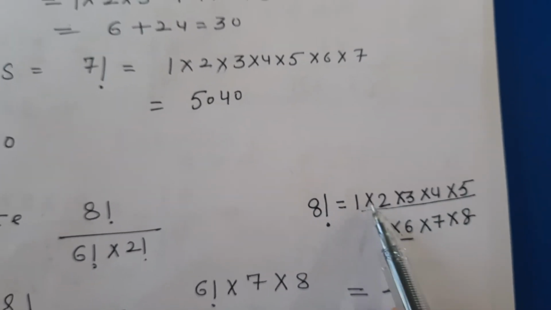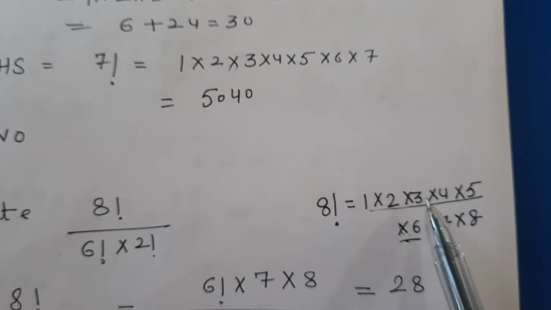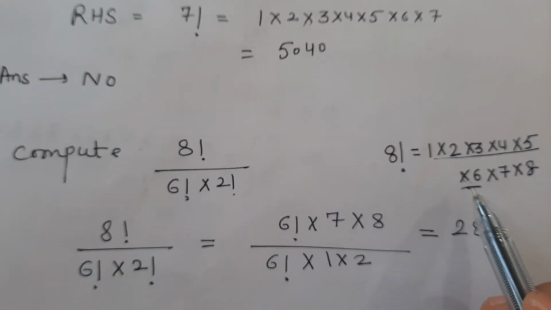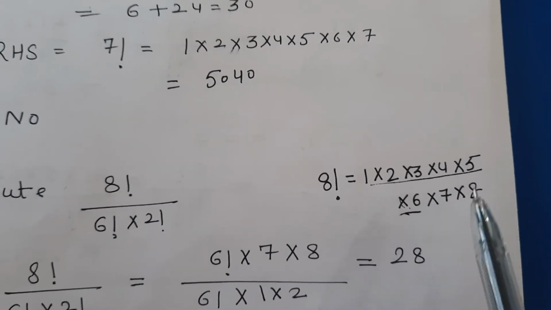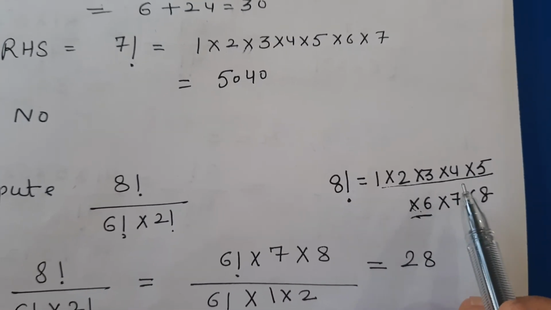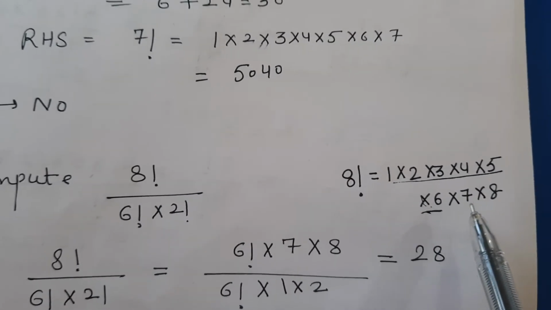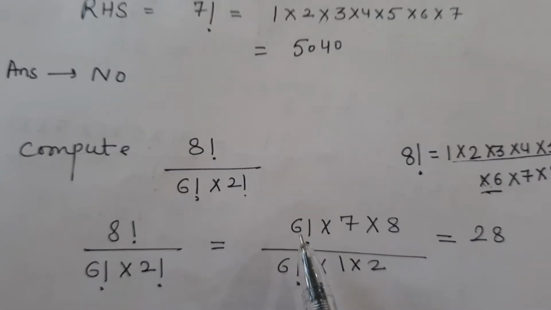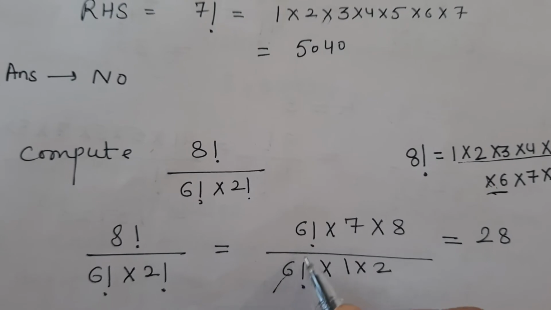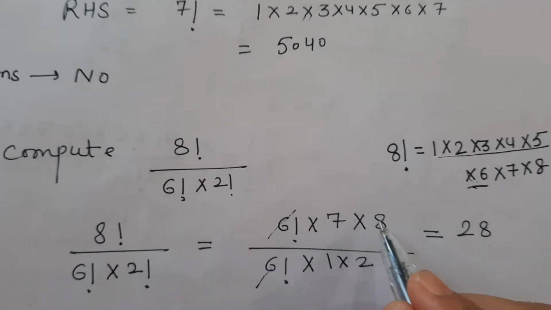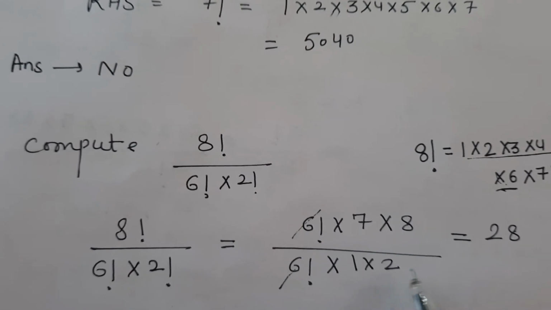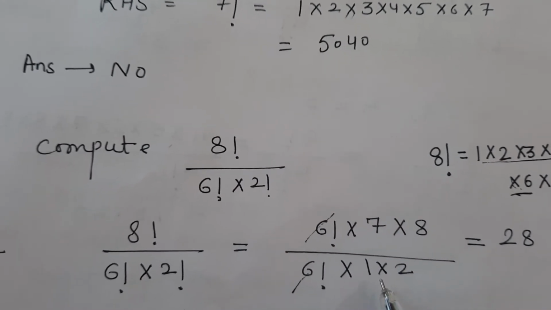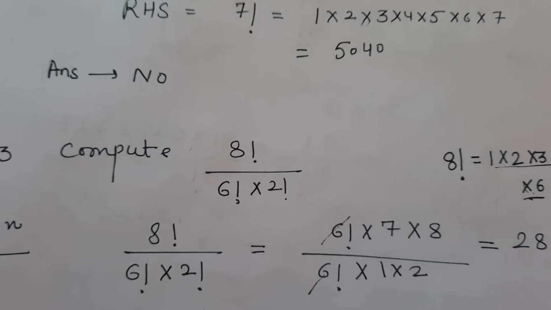Up to here, it is representing the product of first 6 natural numbers. So this is 6 factorial multiplied with 7 into 8. So we have put the value here. Here 6 factorial is cancelled. So 7 into 8, 56, divided by 2 factorial, which means 1 into 2. So 56 divided by 2, answer will be 28.